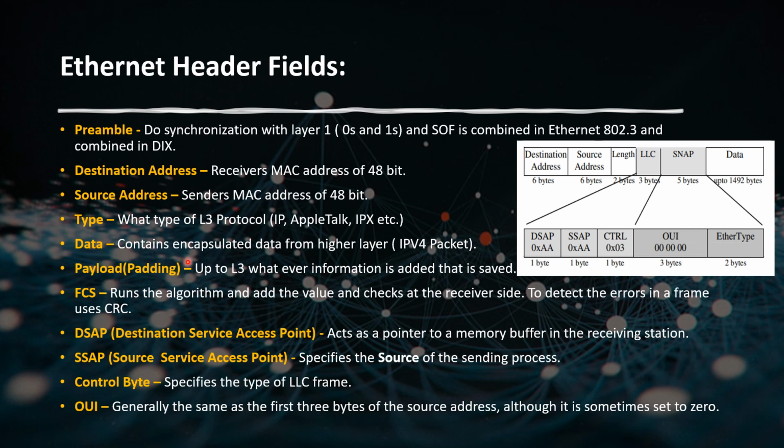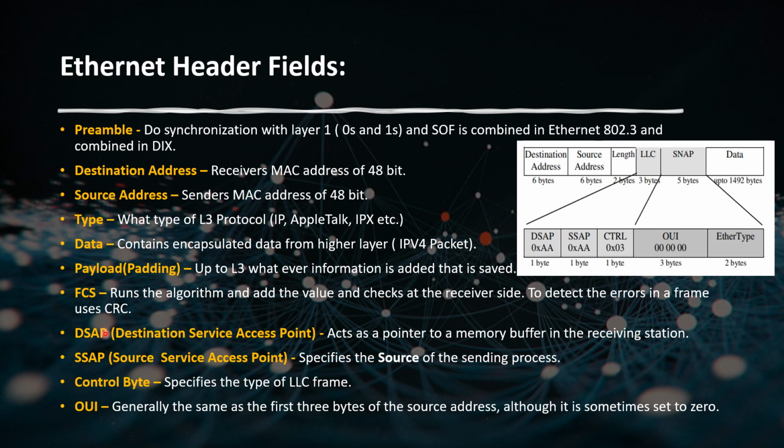Data keeps the encapsulated data from the higher layer, either an IPv4 packet or IPv6 packet or AppleTalk or IPX. The payload keeps the information that was received. FCS, as I said, runs the algorithm, adds the value and keeps it in the FCS field, and it is checked at the receiver side. It is used to detect errors.